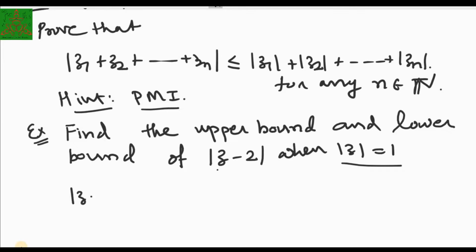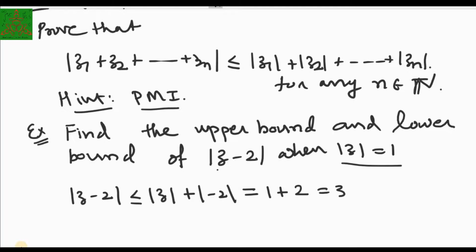To answer this question, we can use the triangle inequality. We can write this as mode of z plus minus 2, and you know that mode z is 1 and mode of minus 2 is 2, so this is 3. So the maximum value of mode of z minus 2 is 3.